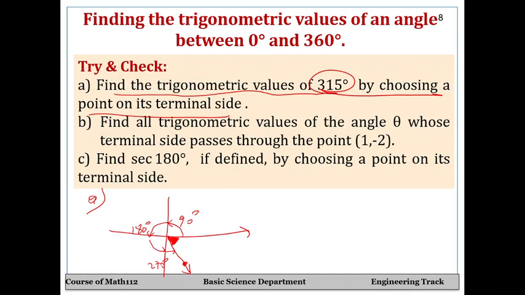What is this? 360 minus 315 makes, this whole thing is now 315, and we end up with 45 degrees. So if you make a 45 degree triangle here, you will see that these distances will be the same.